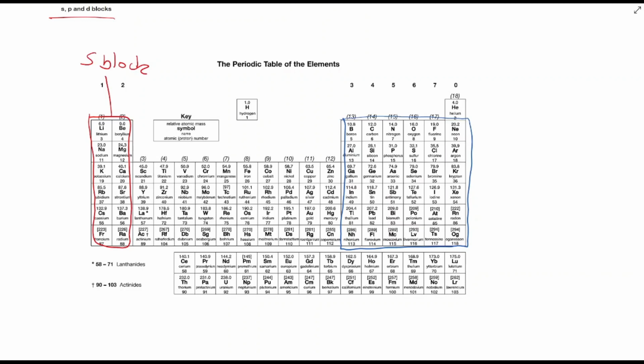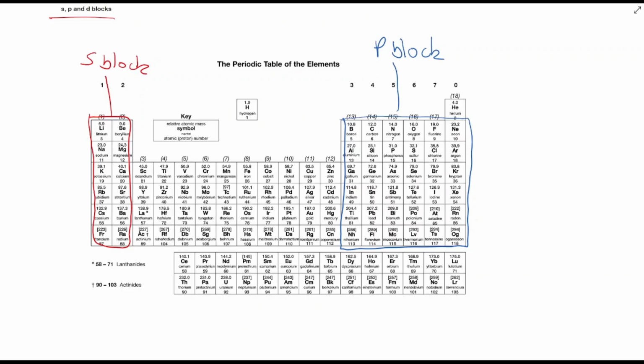We know that 6 electrons can fit in the p orbitals. So this is called the p block. So we would say that nitrogen is a p block element because its final electron, its outermost electron, is in the p block. We'd also say that bromine is a p block element because outermost electron is in the p block.